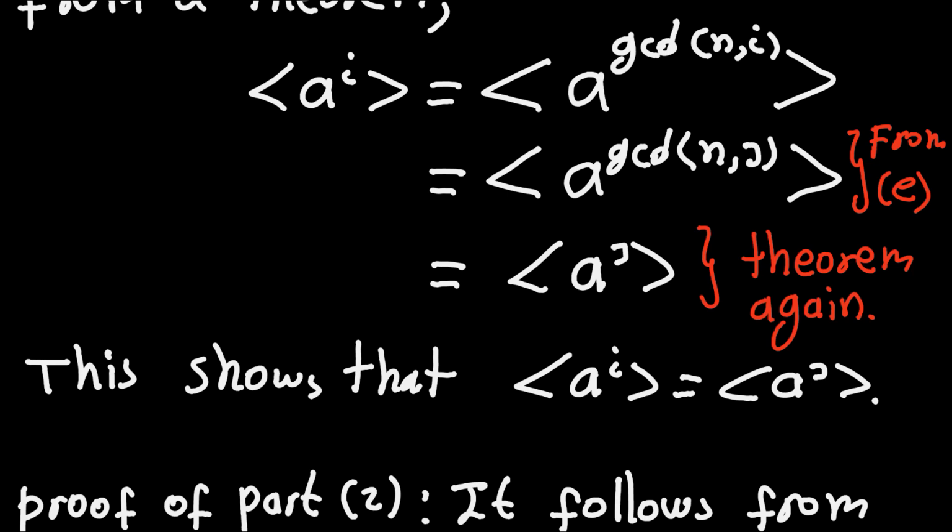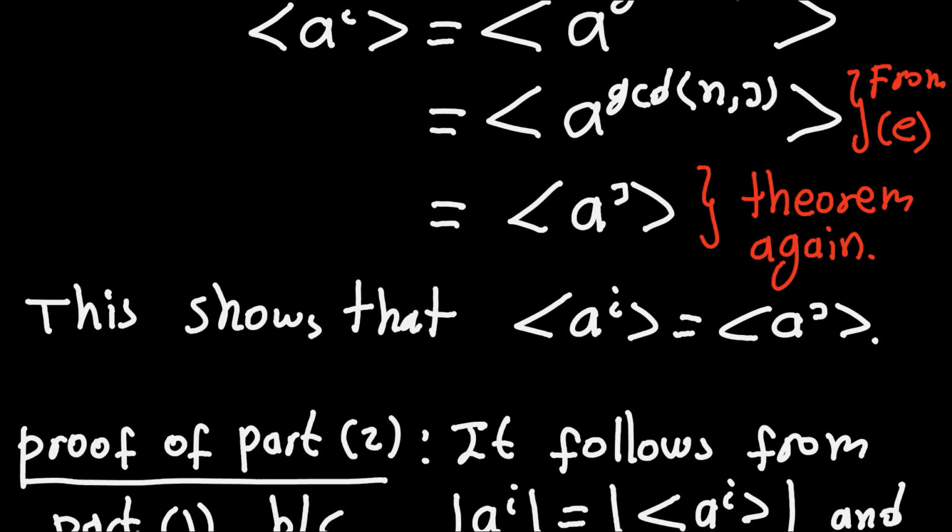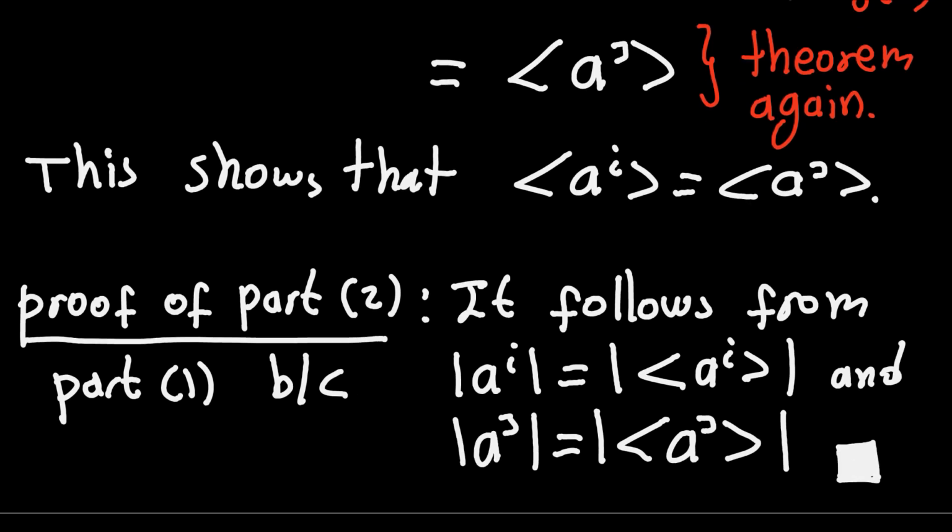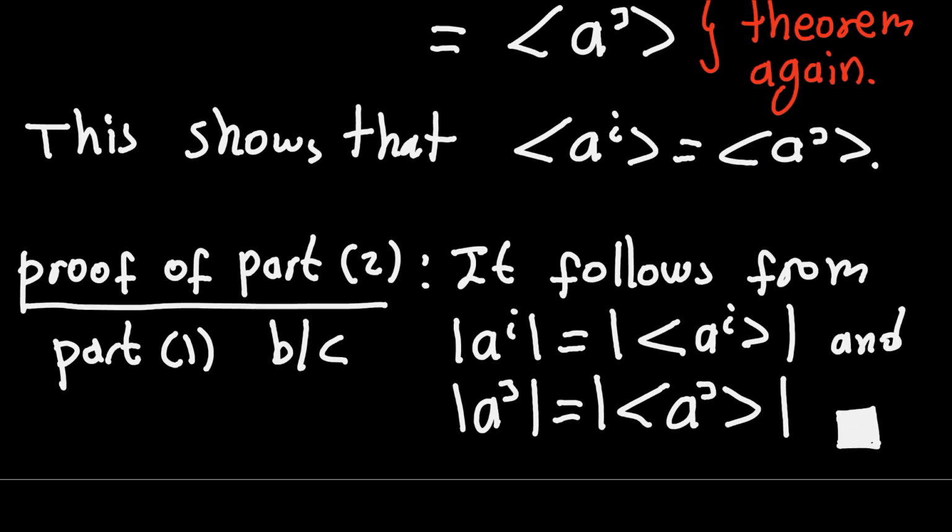That's part number 1. Now, proof number 2 is actually a little bit easier, and I'm not going to go into the details. I'm just going to give you an idea of how that proof goes. It follows directly from the first part. The only thing you have to look at here is that the order of a to the i is the same as this order here.